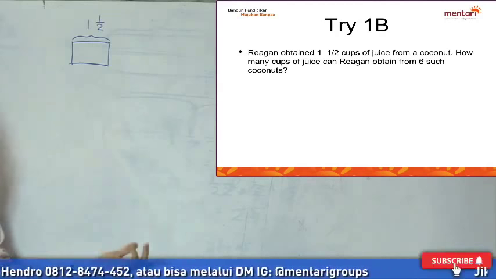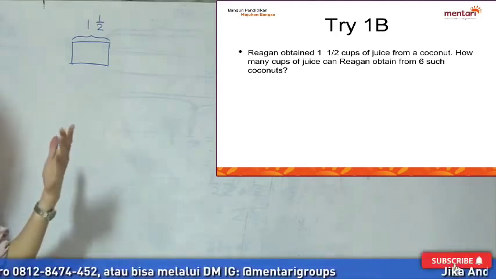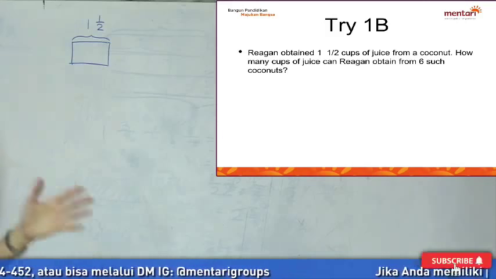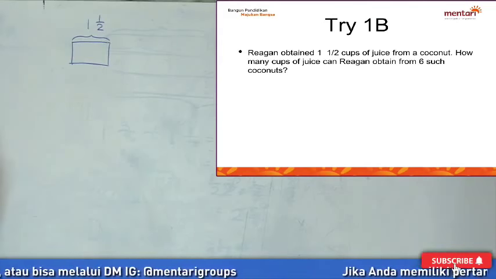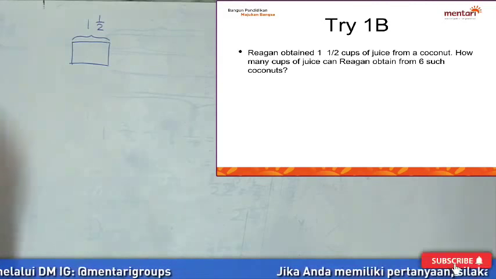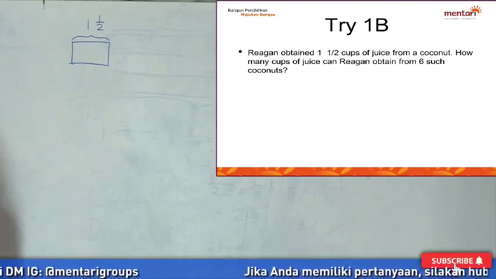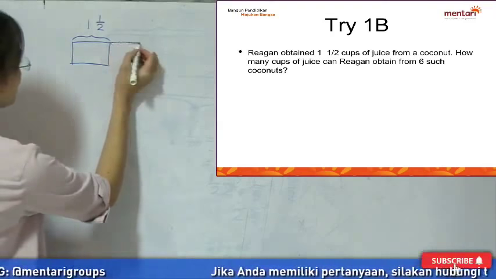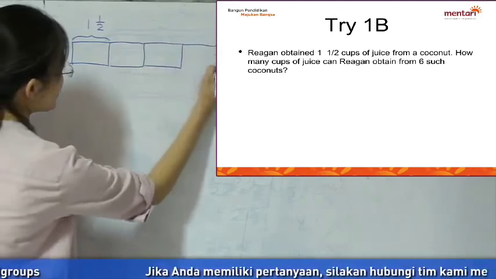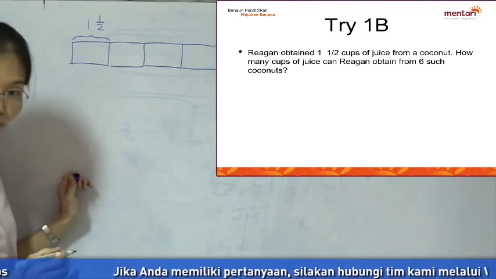What are we going to draw next to complete the bar model? We are going to draw another 6 rectangles, the same rectangles, to show the 6 such coconuts. This does not look the same, but you have to assume that they are the same.